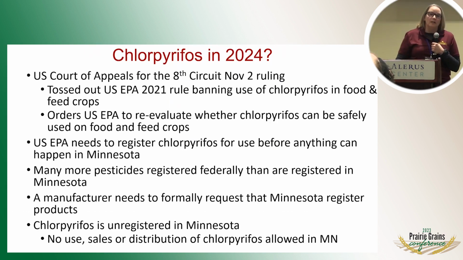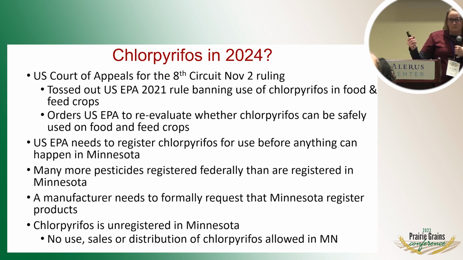One last thing I figured that you all would have an interest in. You might be aware that on November 2nd, a federal court threw out the US EPA rule effectively banning chlorpyrifos. If you'll recall, that's the organophosphate active ingredient in, for example, Lorsban.